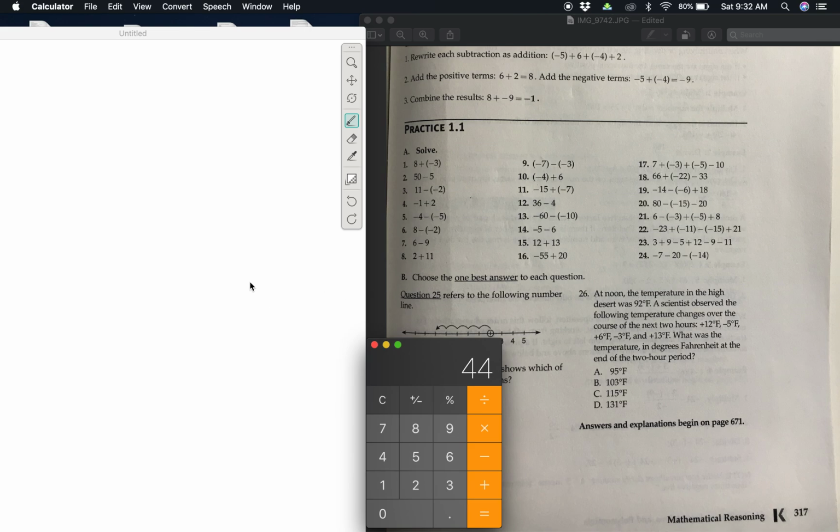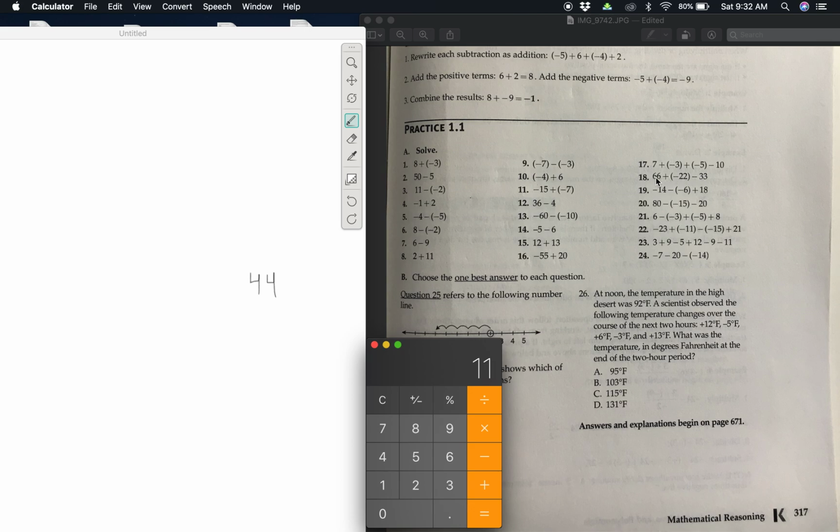So we have 44 minus 33, okay? 44, as you can see here, 66 plus negative 22 is 44 minus 33, so we'll minus 33. That gives us a positive 11. Okay, so that's the answer to that.